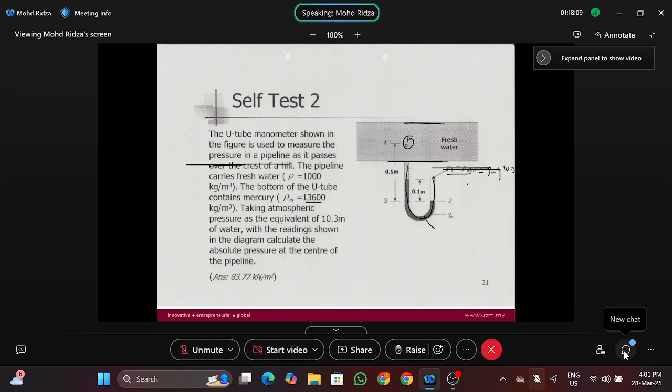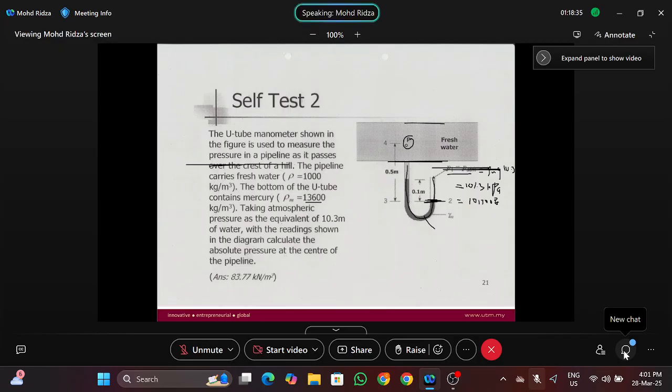If you calculate this, you will get the atmospheric pressure value of 101.3 kilopascal. Be careful of the unit, or 101,300 pascal. So that's the pressure here, atmospheric pressure.